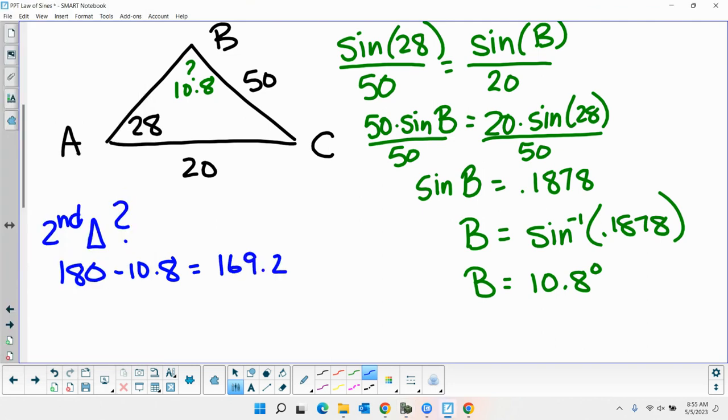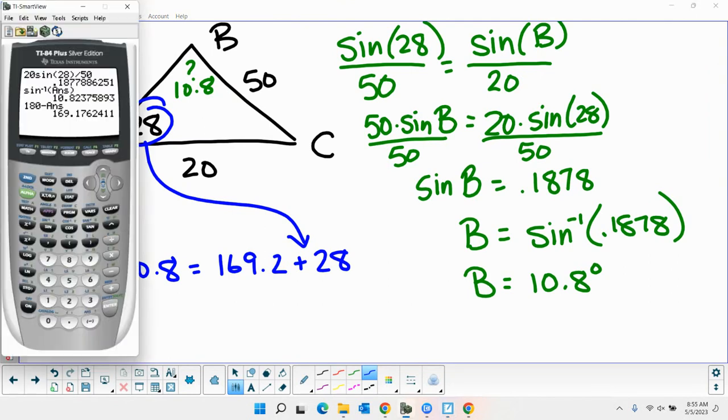Then what you do is you add the original angle you knew. Okay. So I'm going to put plus 28 and hit enter. I get 197.2.